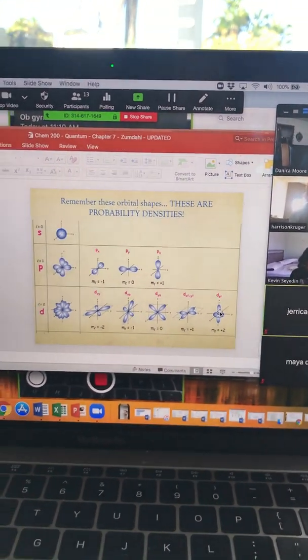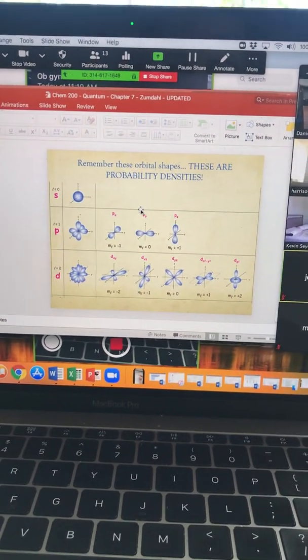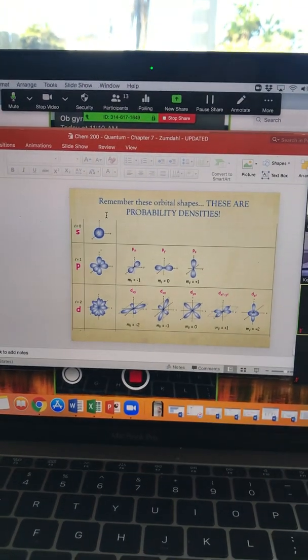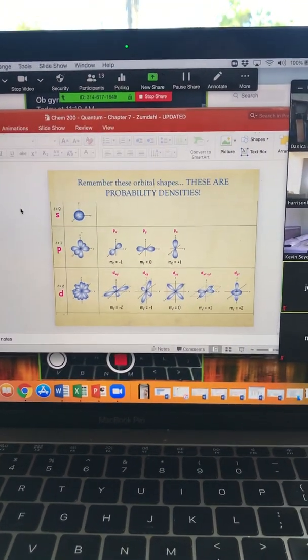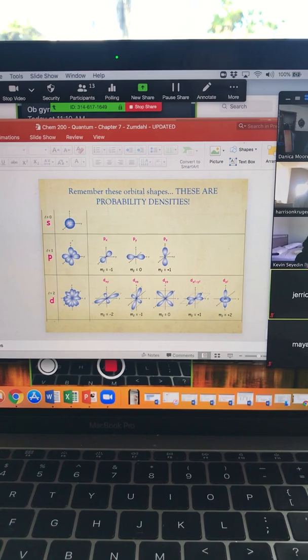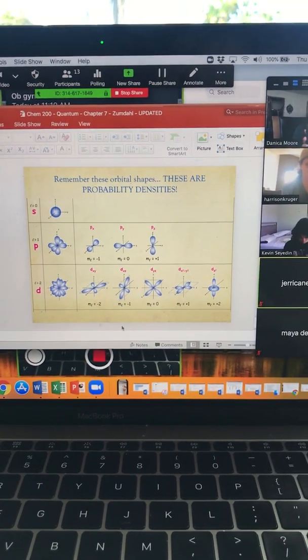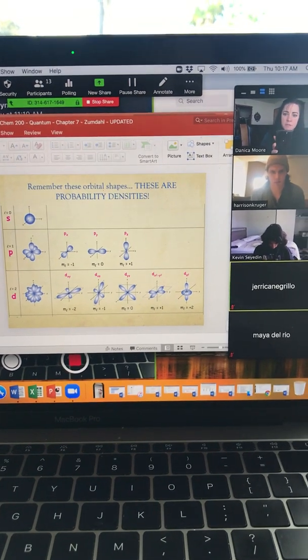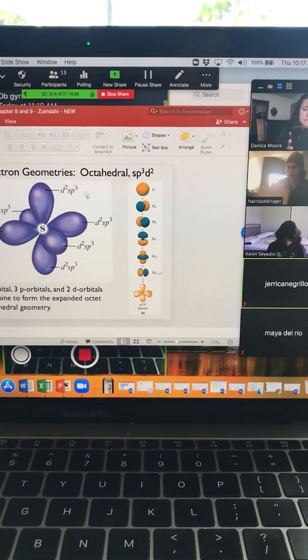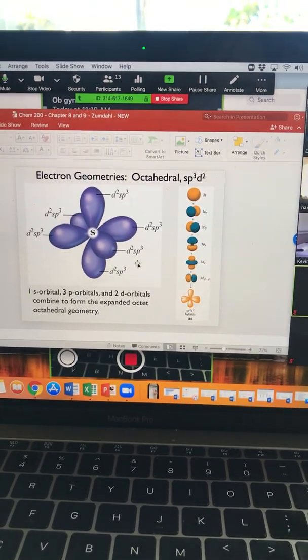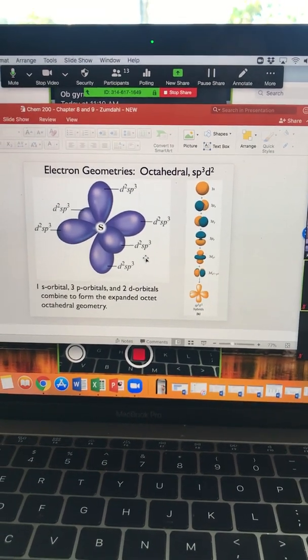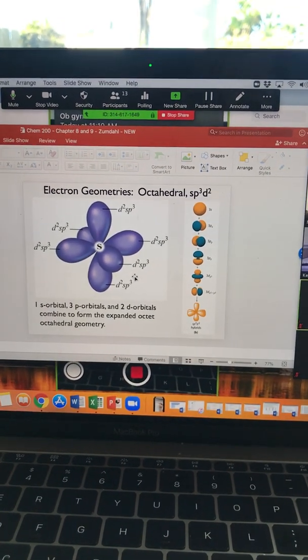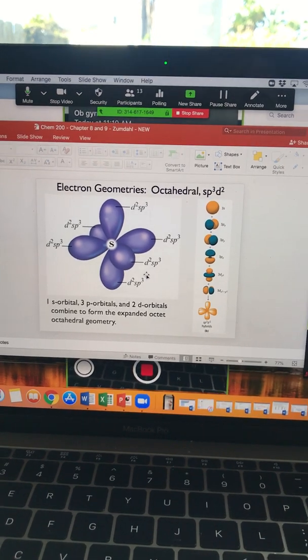So chapter 7 goes into orbital shapes, why they exist, and the quantum numbers that allow them to arise, where chapter 8 is getting into how those orbitals are being used in hybridization to accommodate VSEPR theory.